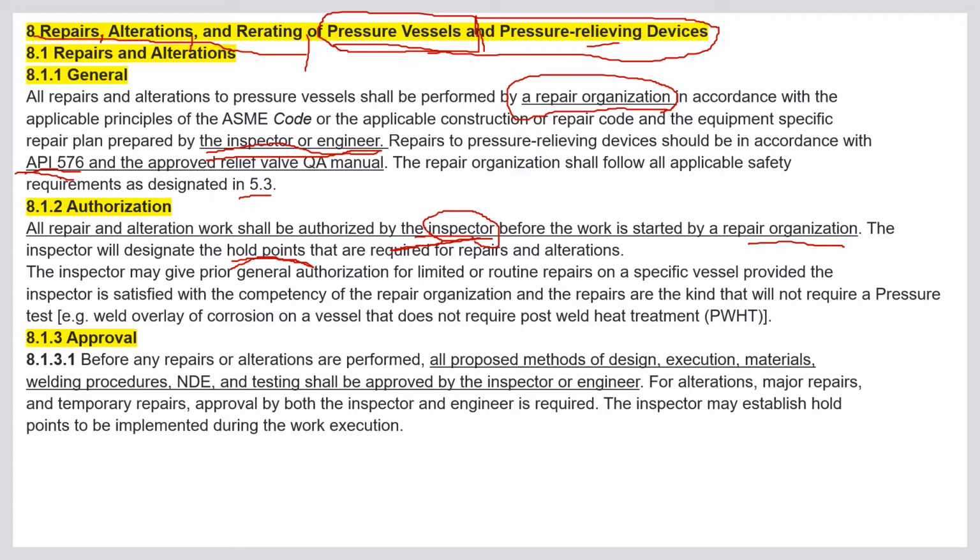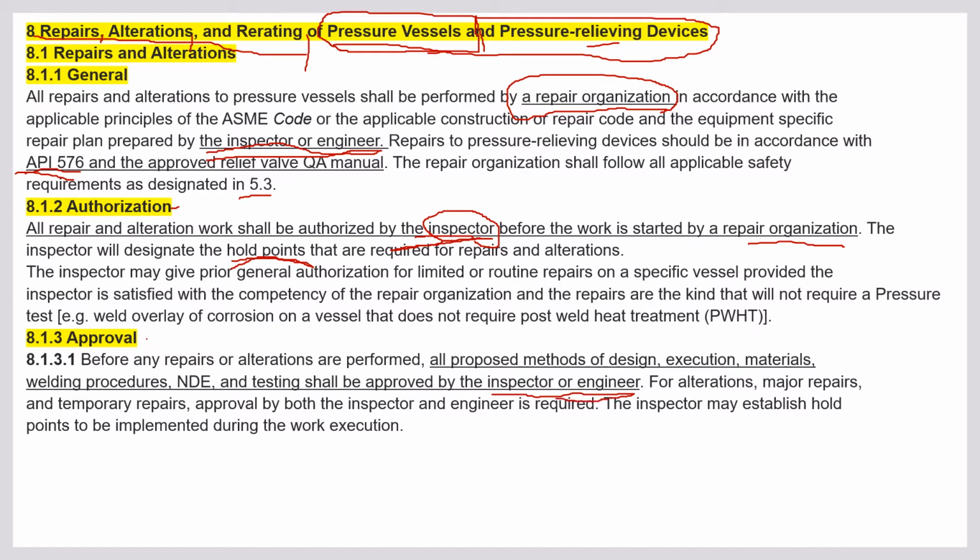Okay. The inspector may give prior general authorization for limited or routine specific repairs on a specific vessel, provided the inspector is satisfied with the competency of the repair organization and the repairs are the kind that will not require a pressure test. Okay. Approval. This is the authorization and this is the approval. Before any repair or alteration is performed, all proposed methods of design, execution, material, welding procedure, NDE and testing shall be approved by the inspector or engineer.